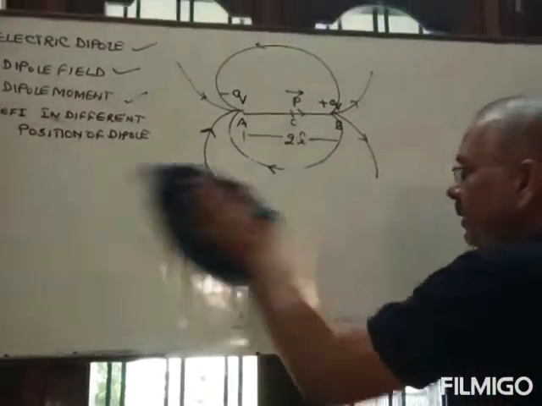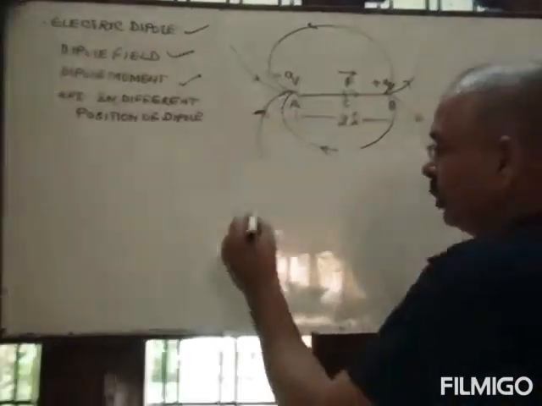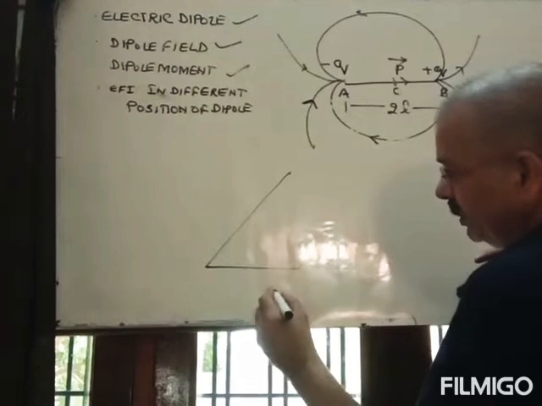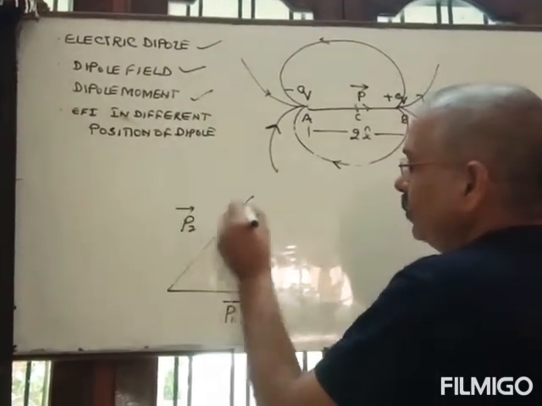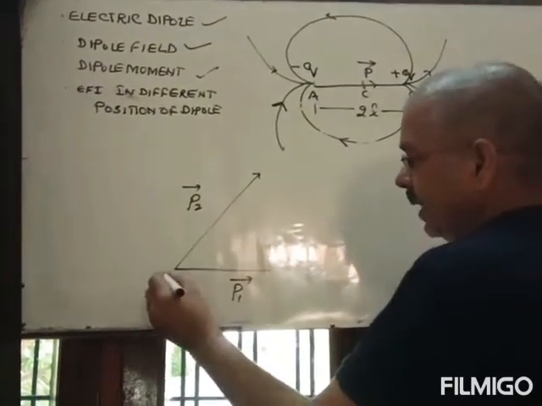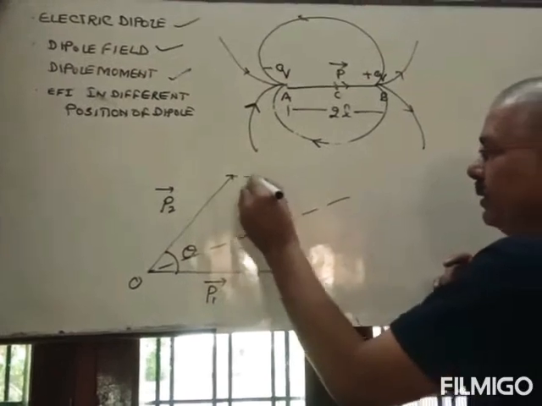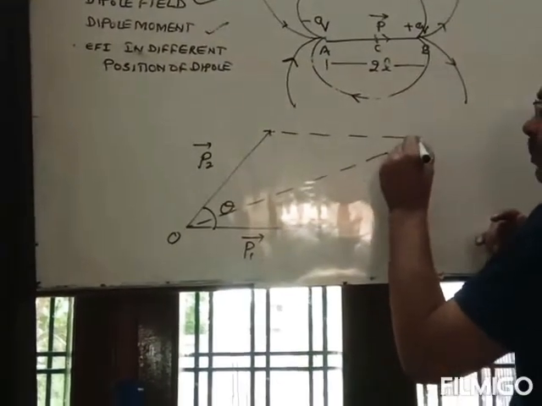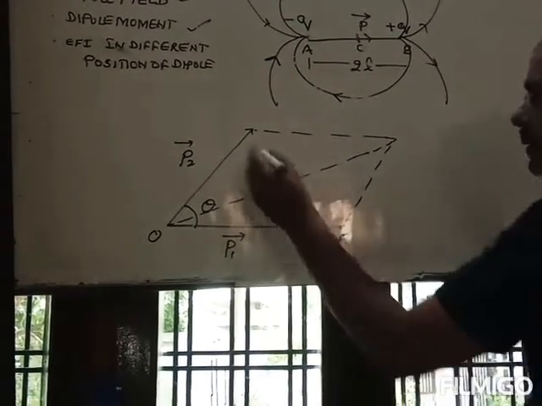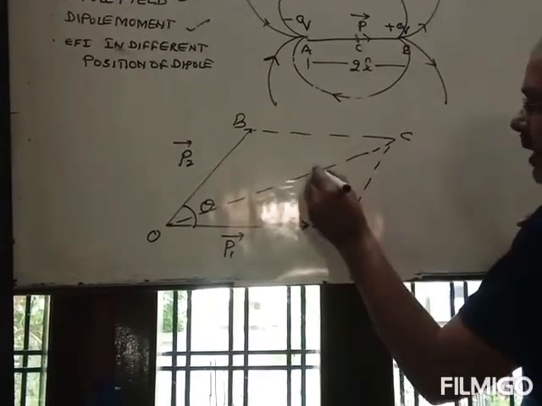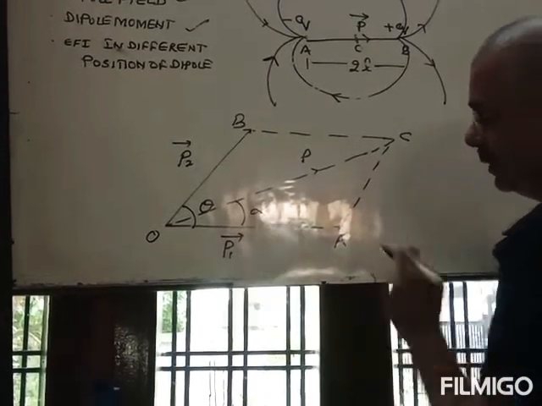Let's see what happens if two dipoles are inclined at an angle theta to each other. How can we get the net dipole moment? Suppose it is P1, it is P2, and they are inclined at an angle theta to each other. To get the resultant dipole moment, we use the parallelogram law of vector addition, which was already discussed in 11th class. Suppose the resultant dipole moment is P, inclined at an angle alpha from the first.